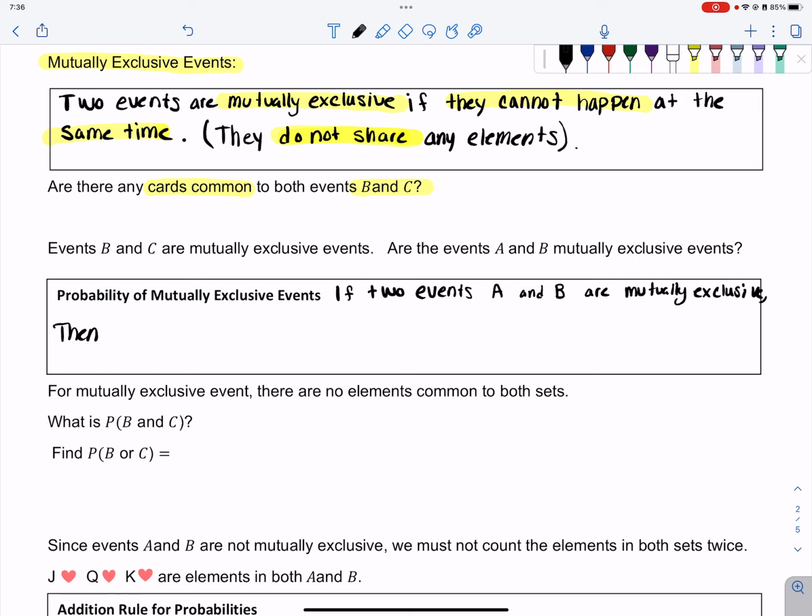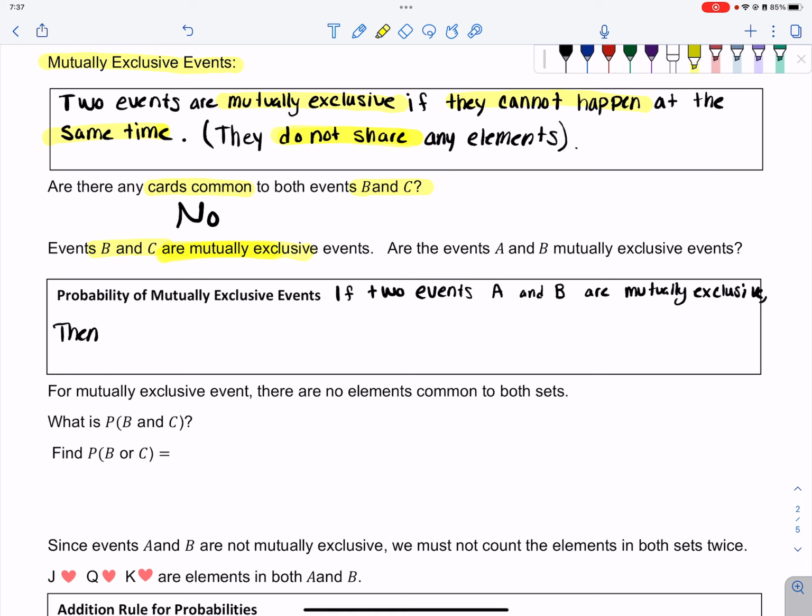And the answer to that is no, because event B is face cards. Those are jacks, queens, and kings. And event C are the black 2s, 3s, and 4s. There's absolutely no cards that they could possibly share. This means that those two events, B and C, are mutually exclusive events.